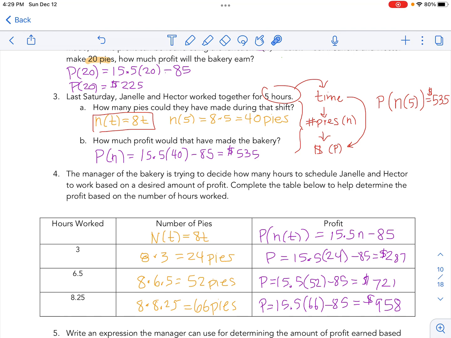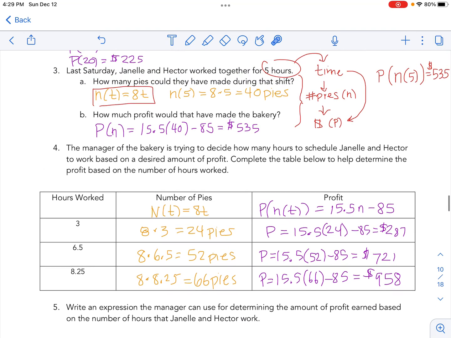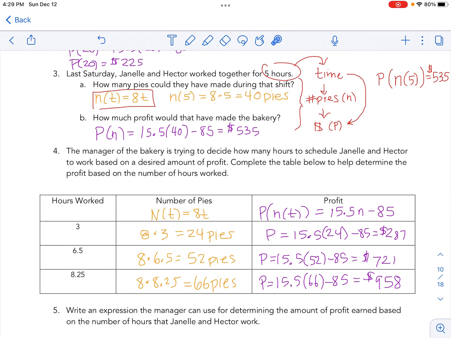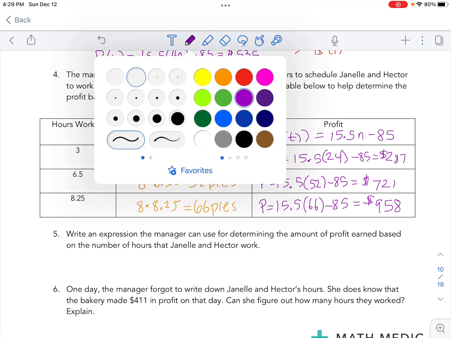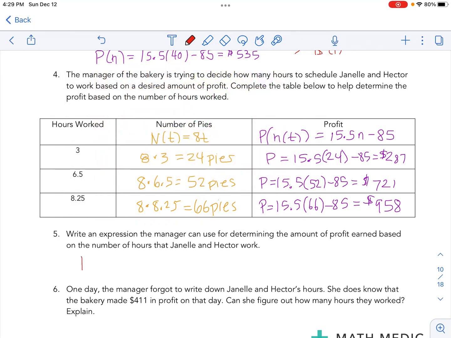Based on like 5 hours of time. And so we can build this composite, where we just say, hey, we're going to schedule the 2 of you for 7 hours. What's the profit going to be? We don't really want to count the pies and have to take on that middle step.